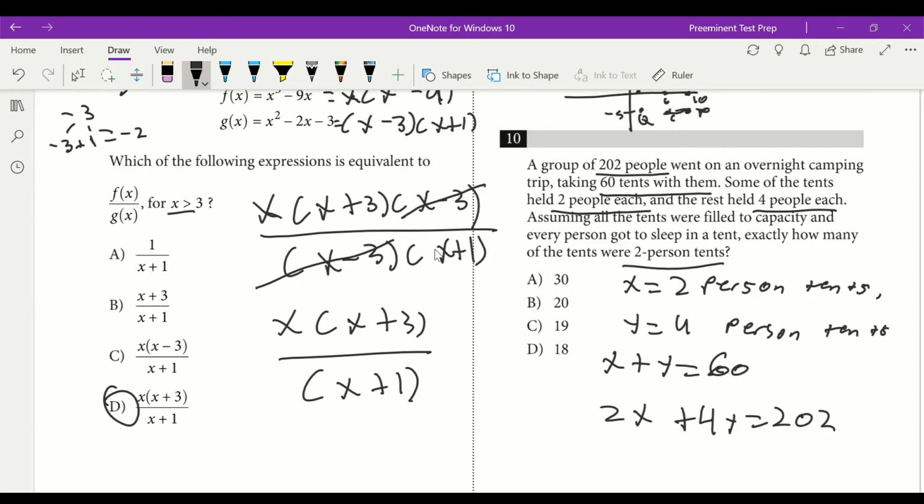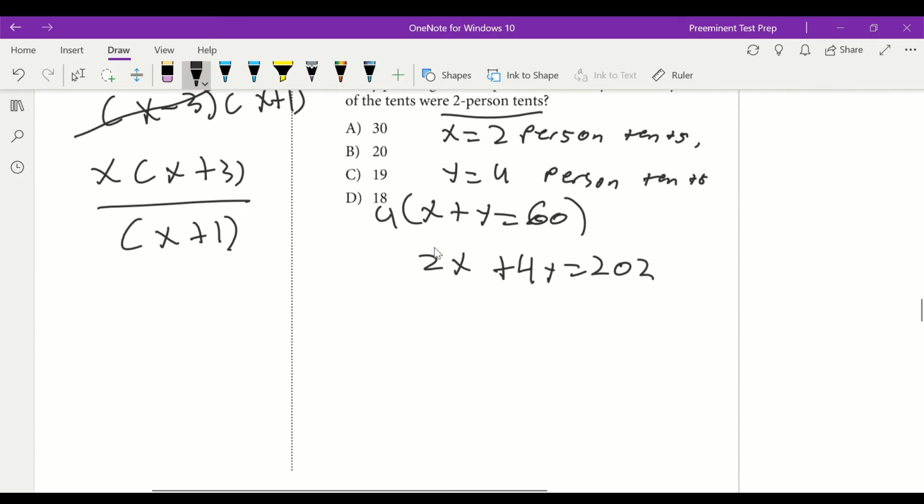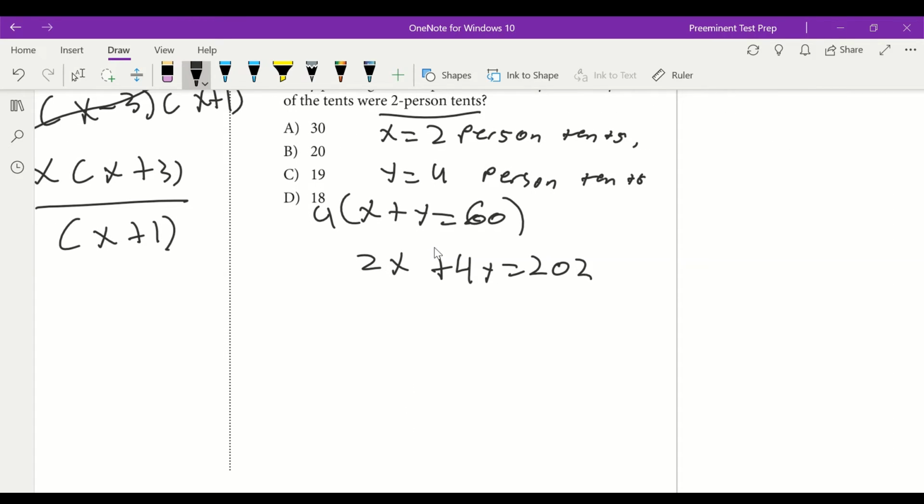Well, what I can do is multiply my equation on top by 4, and then I can just subtract, and that'll let me solve for x. I'm going to do it to the right here so you can see it better. So 4 times x gives me 4x, 4 times y gives me plus 4y, and 4 times 60 gives me 240.